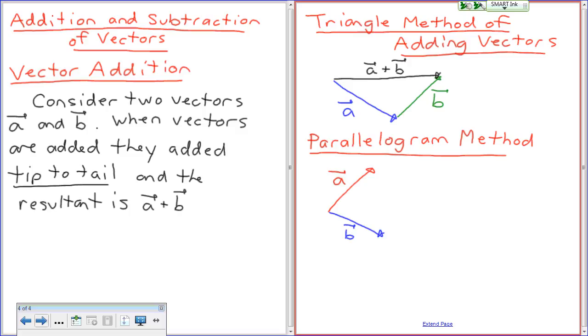So what I'm going to do is I'm going to just move B up. Now I'm going to actually draw it like this, okay? Because that's an equivalent vector to B, like that. So everyone see that? And if you take a look at this one over here, would be equivalent to A. So the idea is that's the parallelogram that they're saying. So the resultant would go from A to B, like what Chris said.